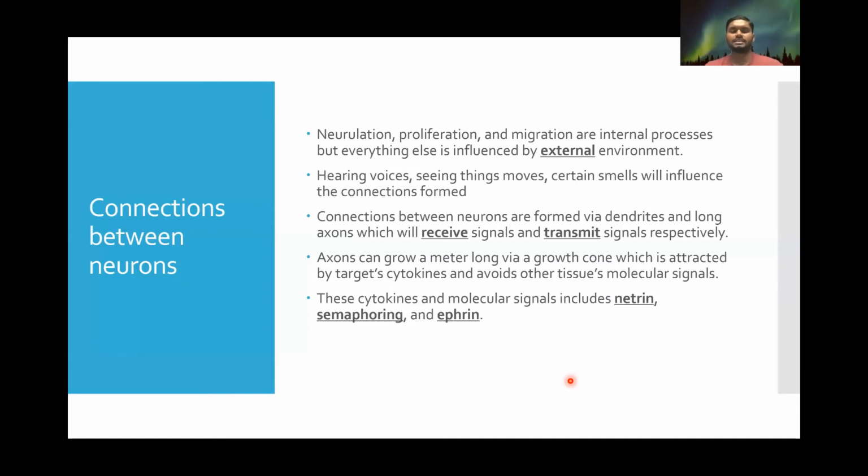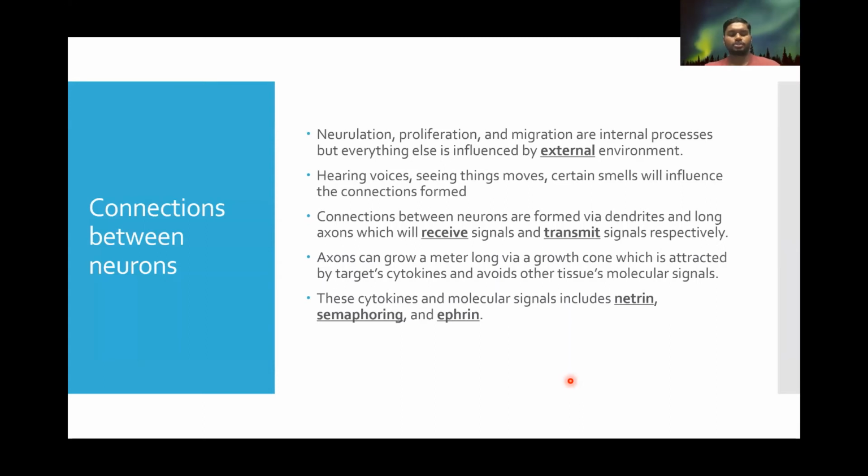So in the context of this example, these growth cones will use their receptors and look for the cytokines that their target is secreting, and its main job is to find the cytokine signal and then go towards it so that the concentration increases, right?